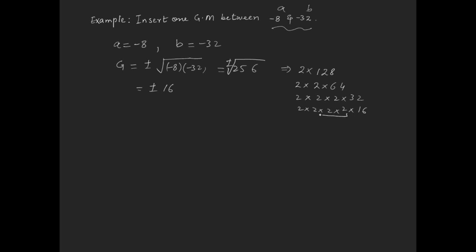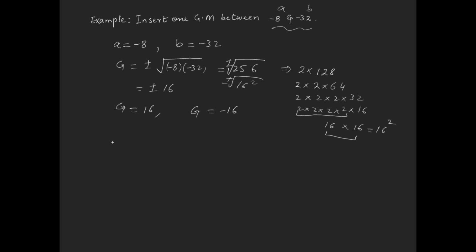So multiplying this side, this is also 16. So 16 multiplied by 16 is a pair of 16, that's why this is 16 squared, and the square root of 16 squared is 16. So the geometric mean is either plus 16 or minus 16.